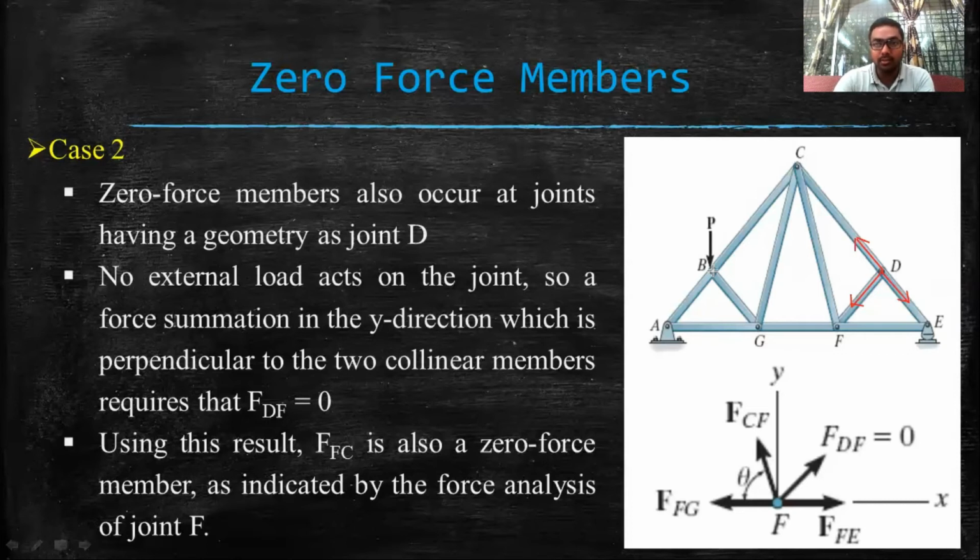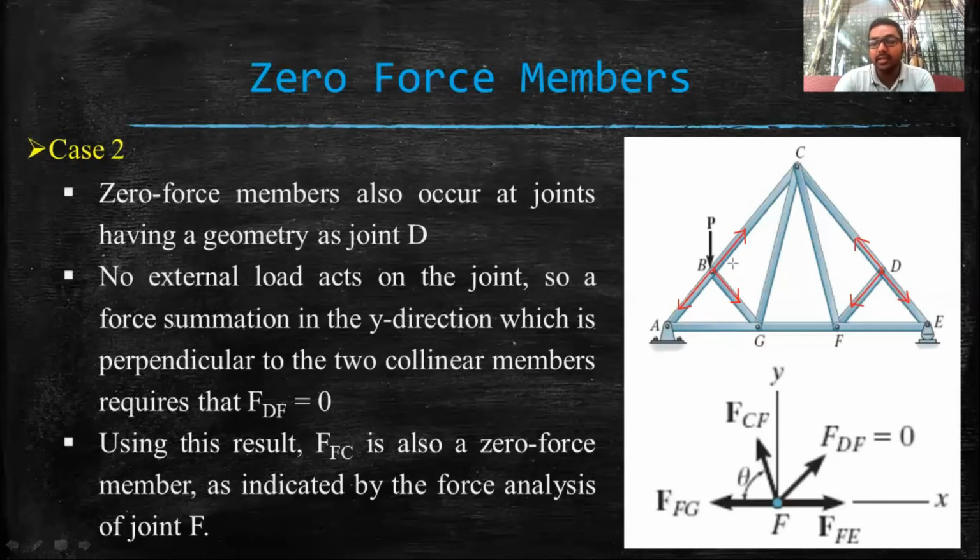Why? Because if we draw the free body diagram of this particular side, we can see there is one member force in this direction, another member force acting in this direction, and another member force which is at an angle of 90 degrees with the previous two member forces, that is AB and BC.